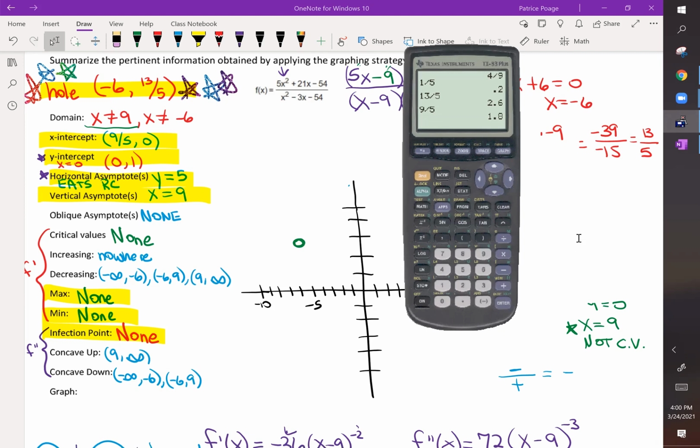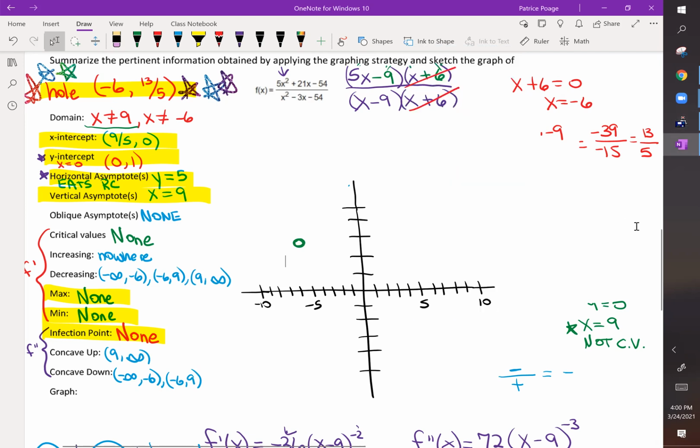All right, 9/5 is 1.8. Oh, x-intercept, my bad. Nothing wrong with me. 1.8 is my x-intercept. And then my y-intercept is at 1.